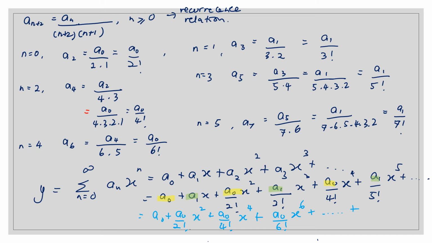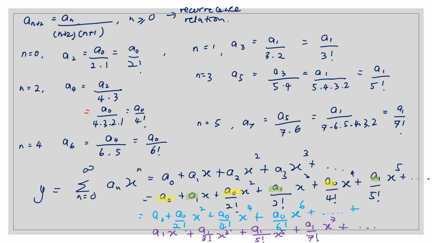And for the a1 we will have a1 x plus a1 over 3 factorial x cubed plus, not a3, a1 over 5 factorial x to the 5th plus, for a7, a1 over 7 factorial x to the 7th plus dot dot dot.